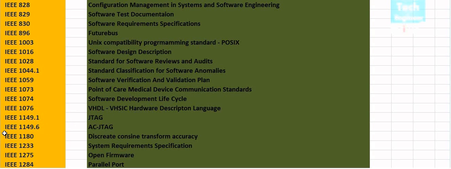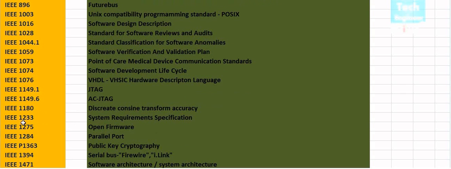IEEE 1149.6 is AC JTAG. IEEE 1180 is discrete cosine transform accuracy. IEEE 1233 is system requirements specification. IEEE 1275 is Open Firmware. IEEE 1284 is parallel port.